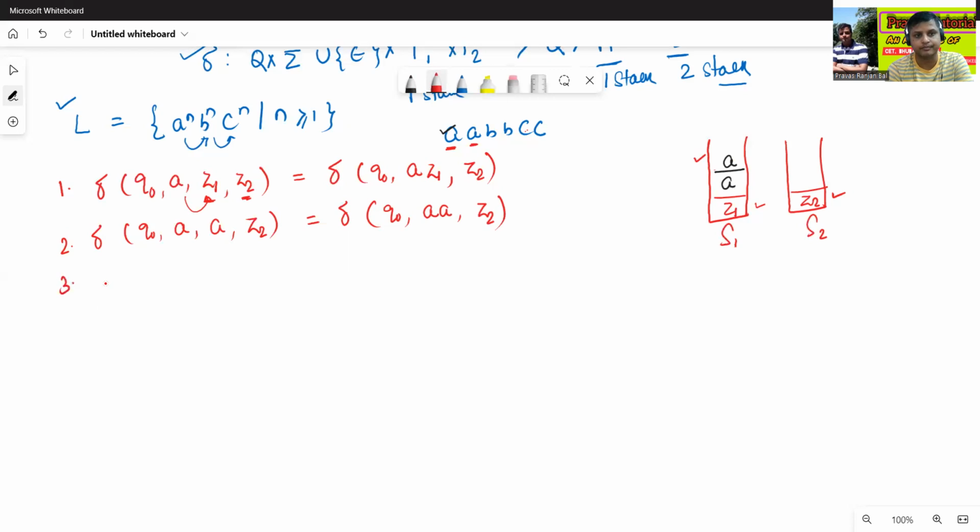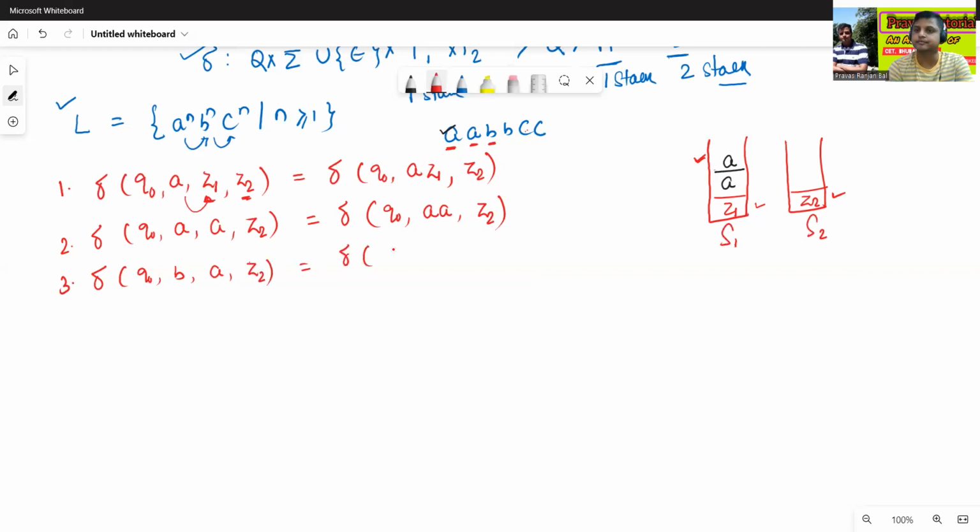And the third one, delta Q0, read B. What is the top of the stack in case of the S1 stack? A. What is the top of the stack in case of S2? That is Z2.